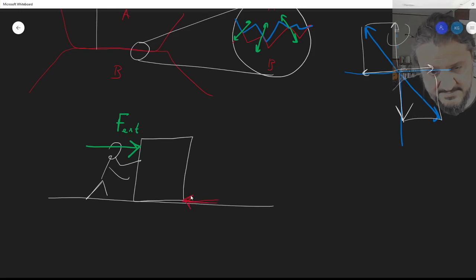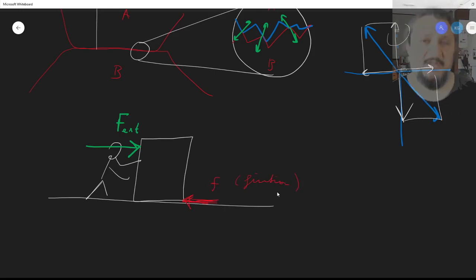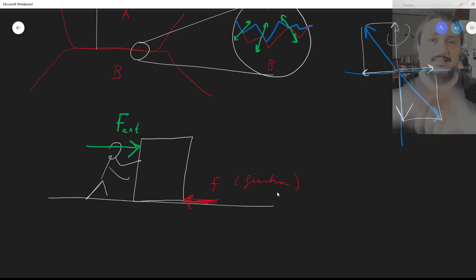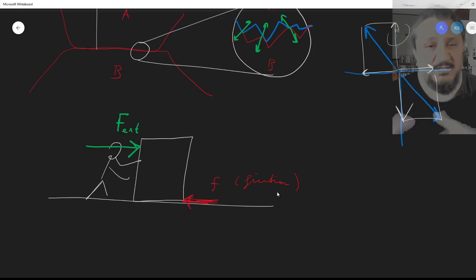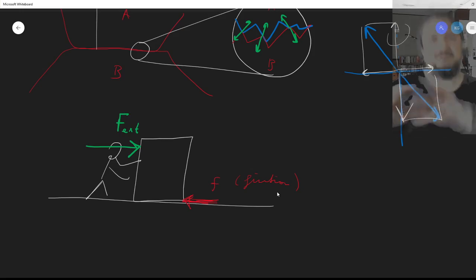But he's determined. He wants to move the thing, so he pushes it harder and harder, and there will be a point where it can't hold anymore. It'll be on the verge of moving, and it's going to start moving.